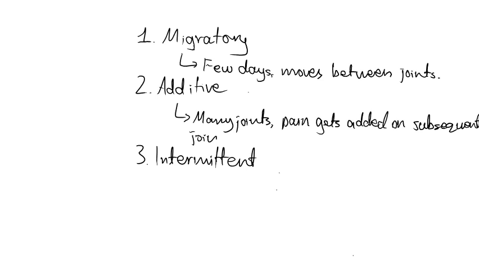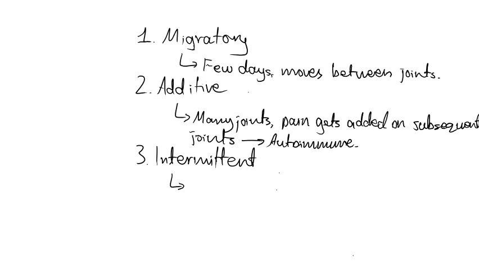And this pattern of pain is commonly seen with autoimmune conditions. So conditions that cause joint pain such as rheumatoid arthritis, systemic lupus erythematosus, they will all cause an additive type of pain.